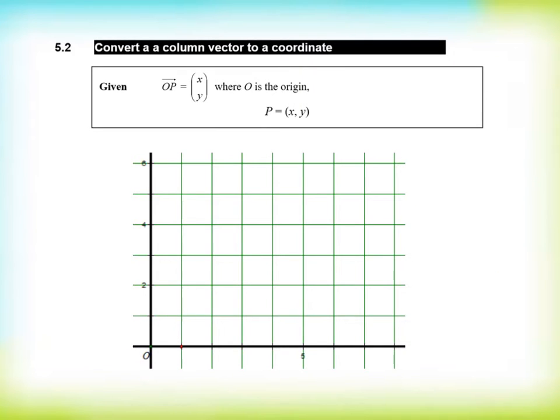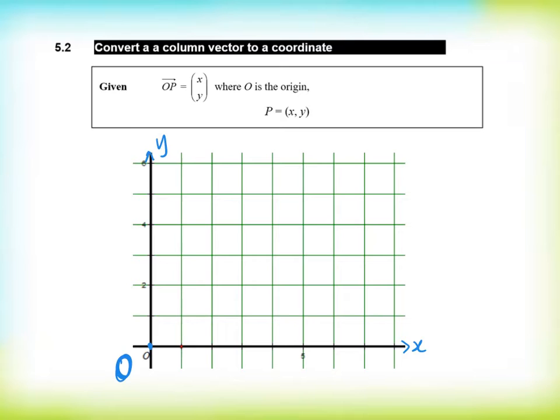Now vice versa, if we were to have the column vector for position vector OP, where this is my x-axis, this is my y-axis, and this is the origin. Okay, OP is (x, y), meaning the x units and y units to be traveled.